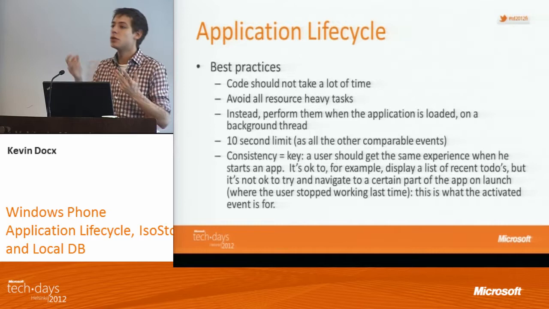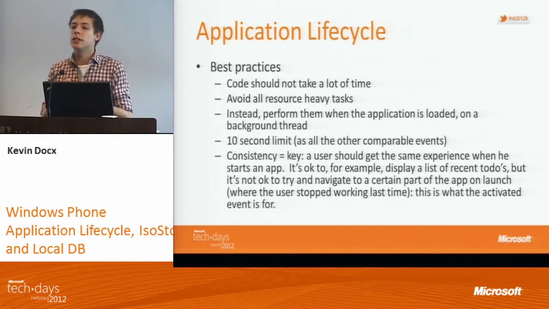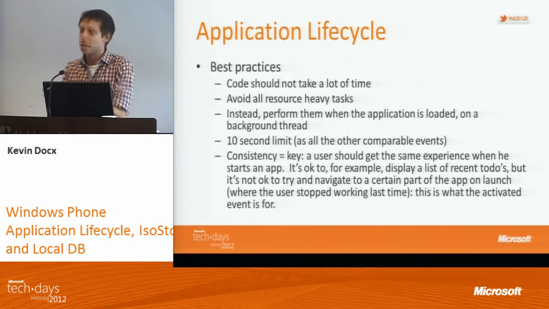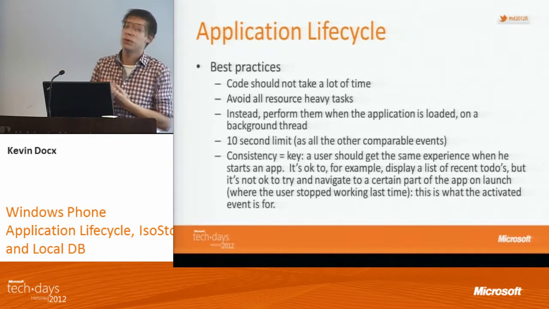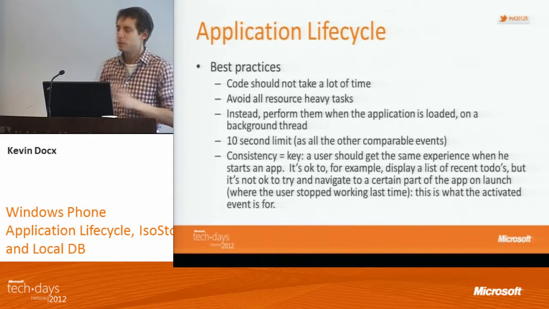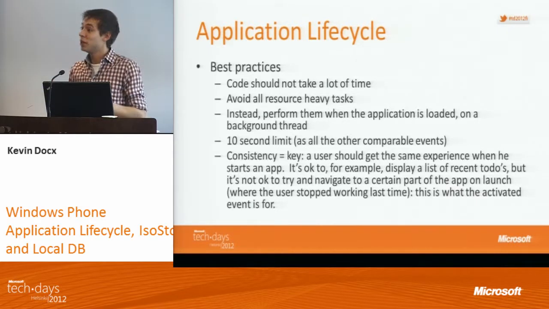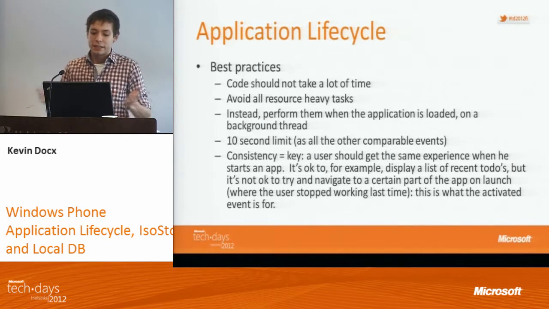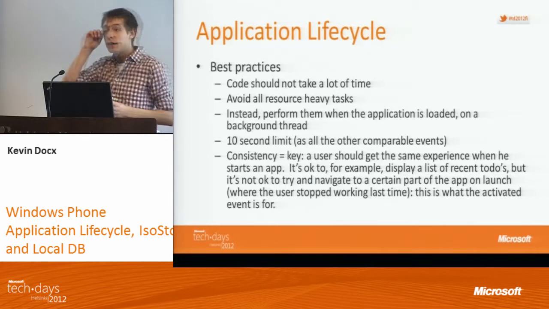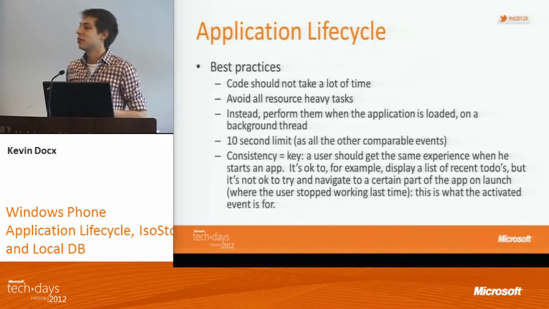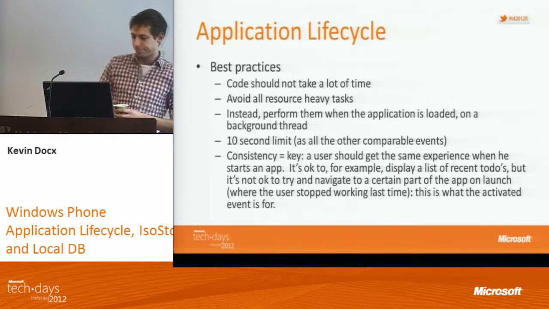So launching, closing, activated and deactivated. The code that happens in that event on the same thread, once it takes more than 10 seconds, your app will be terminated, removed from memory, done. So you really need to take into account that it shouldn't take long to go through those events. And even then, if it takes 10 seconds to start up an application, again, the user will go and look for a competing app, I think.